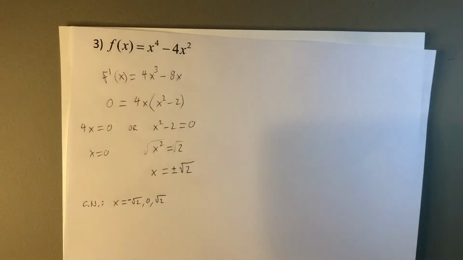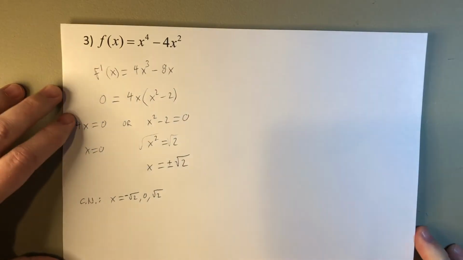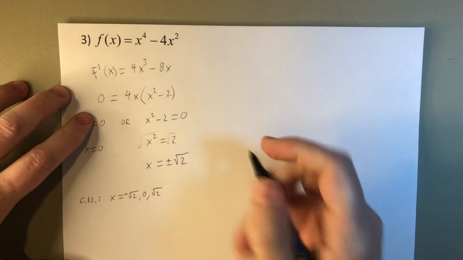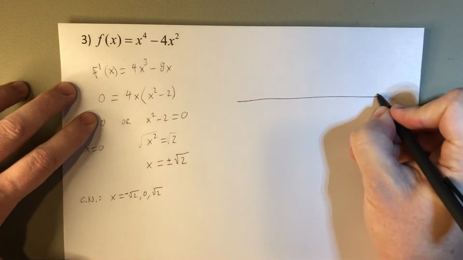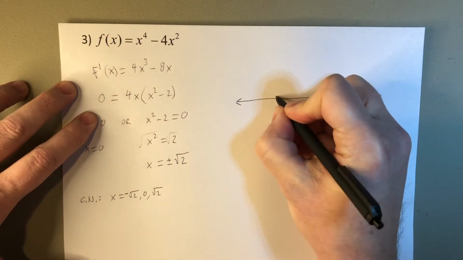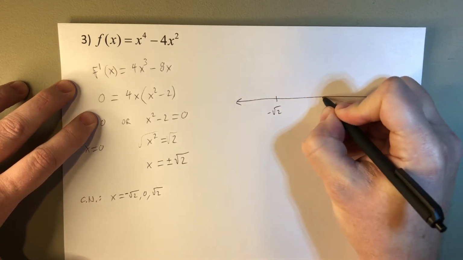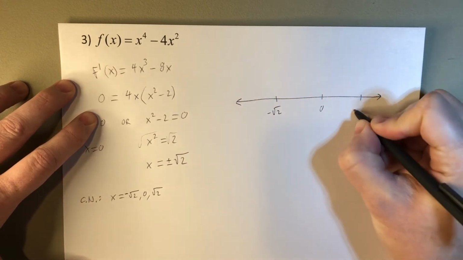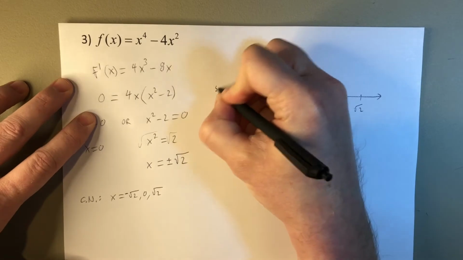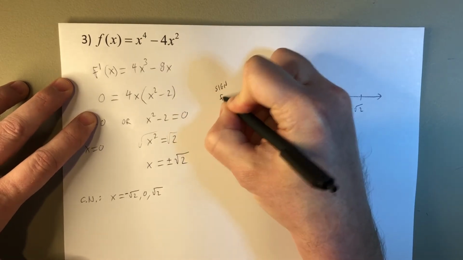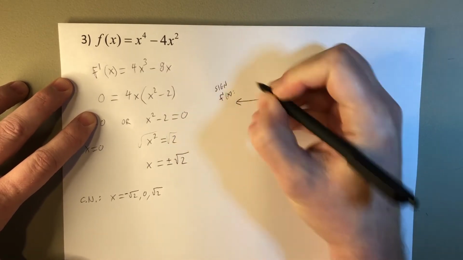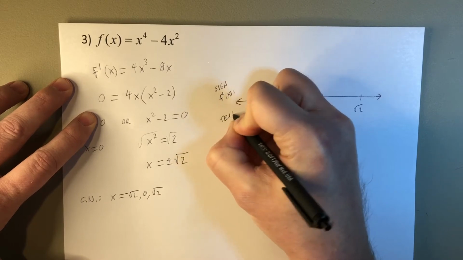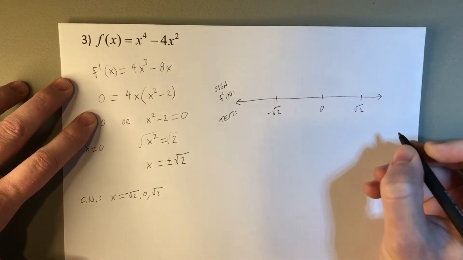All right, let's create a number line and let's figure this out. So there's your number line, negative radical 2, 0, positive radical 2. We want to look at the sign of f prime of x. We're going to do that by coming up with test values down here.